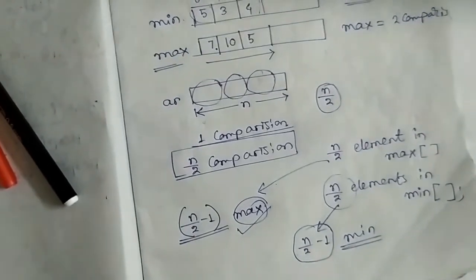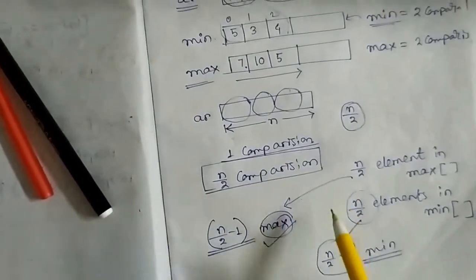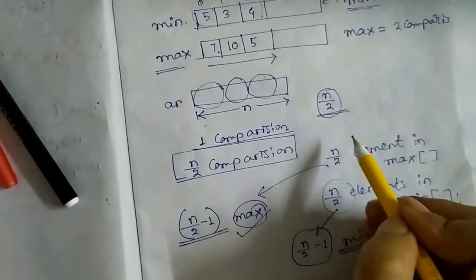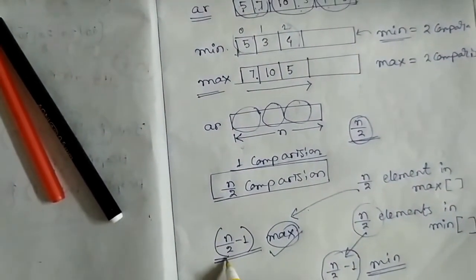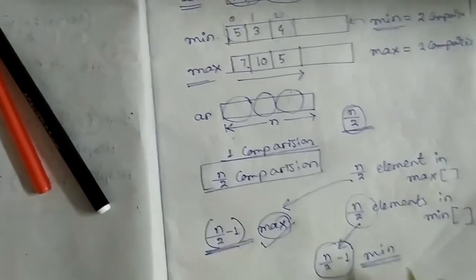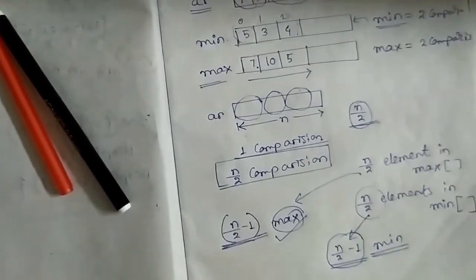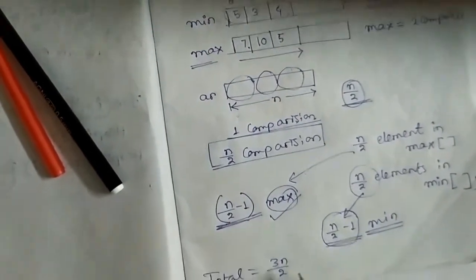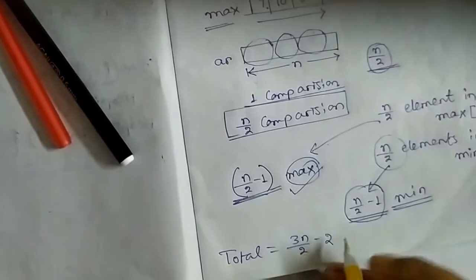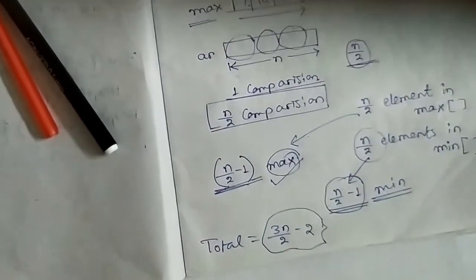So the total number of comparisons we make in this case is, at first n by 2 comparisons, then n by 2 minus 1, and then n by 2 minus 1 again. So the total comparison is equal to 3n by 2 minus 2. So this is my optimum number of comparisons.